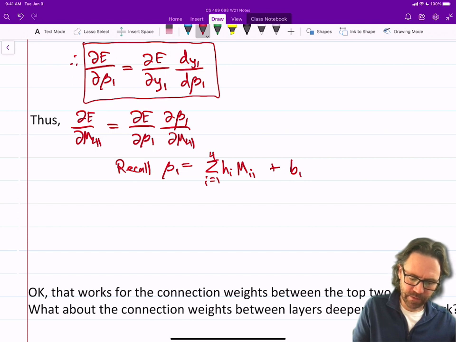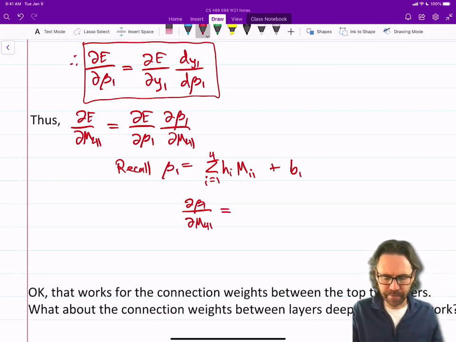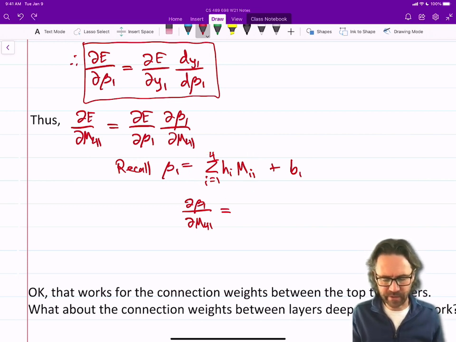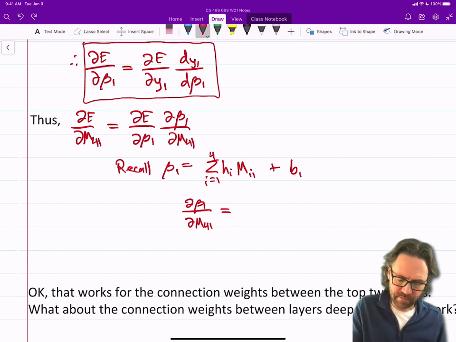Taking the derivative of beta 1 with respect to M41 strips out the one element of that term, because it only depends on one element, the fourth one. So it'll be H4.